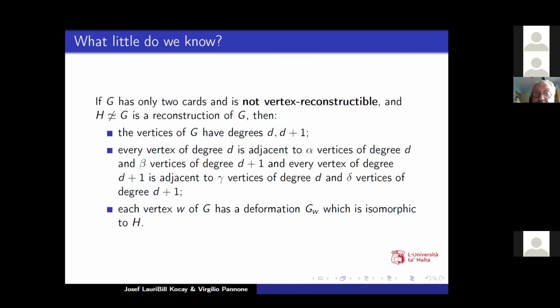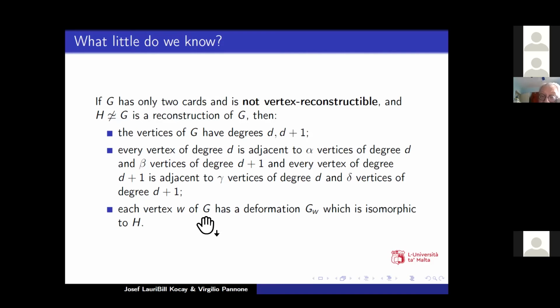What about reconstruction? Because we're also interested in reconstructing graphs with 2 cards. Suppose it is not vertex reconstructible, and the situation is very similar, but a bit stronger than pseudosimilarity. The vertices must have degrees d and d plus 1. Every vertex of degree d must be adjacent to the same number of vertices of degree d plus 1. Therefore, the degree classes form an equitable partition.